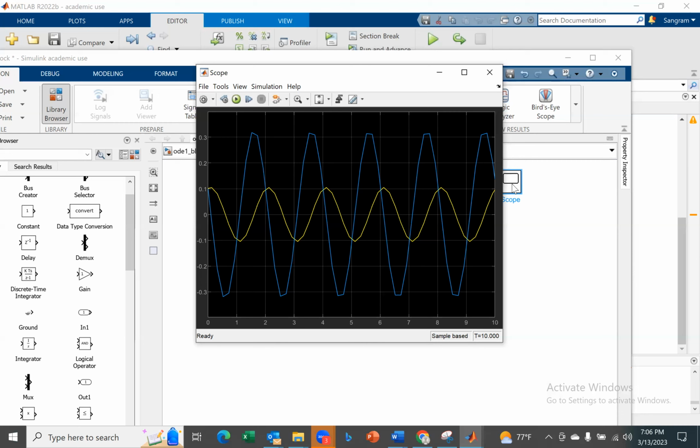Then seven, find total potential energy. Eight, and then you find the Lagrangian, which is T minus V, and then use MATLAB.